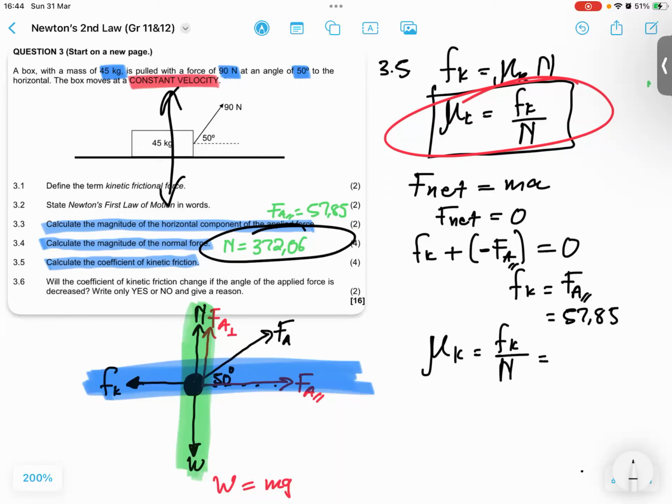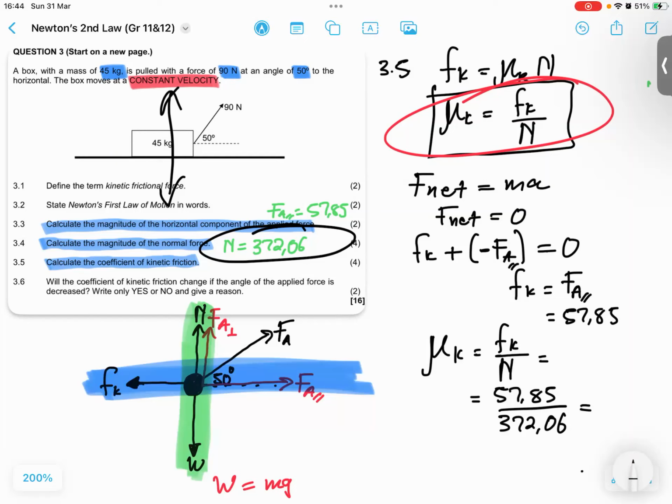Fk, we got it as what? We got it as 57.85 over the normal force here. We got it from 3.4, and I highlighted it already, which is 372.06. Both of these are forces.